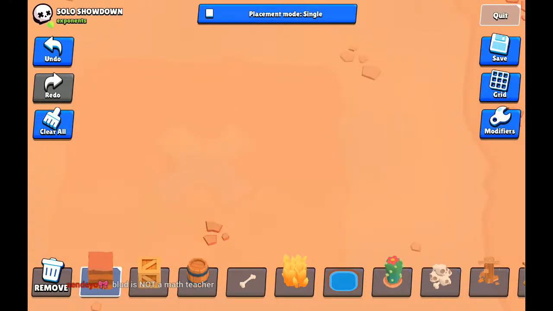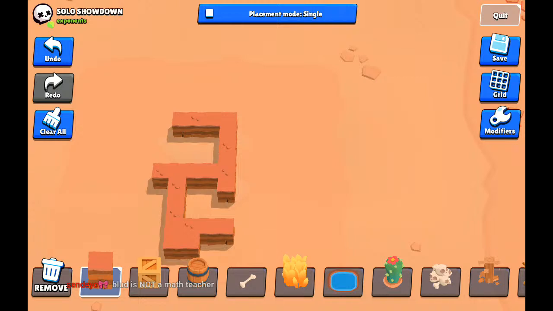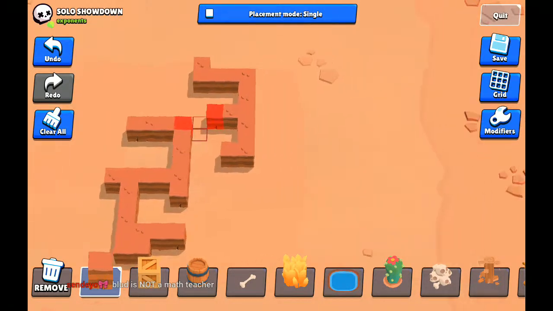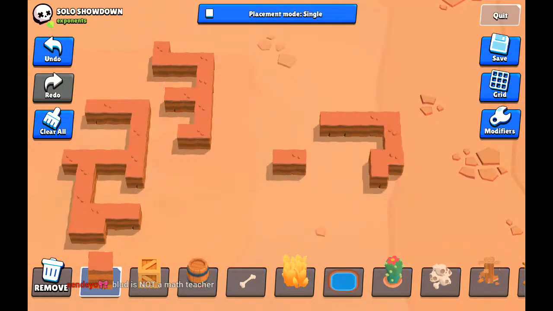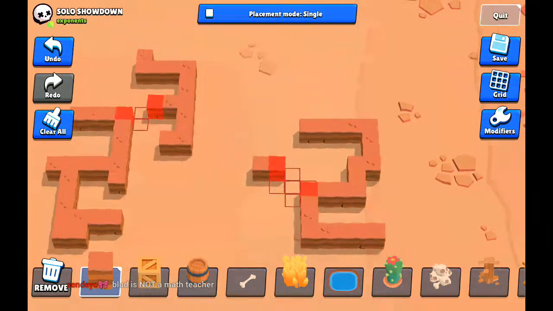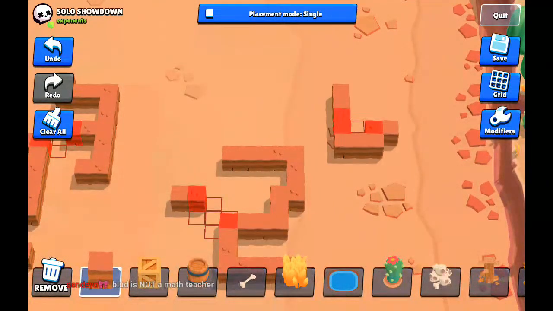So what you do is 2 to the power of 3 times 2 to the power of 4. See? That looks like a 4, right?